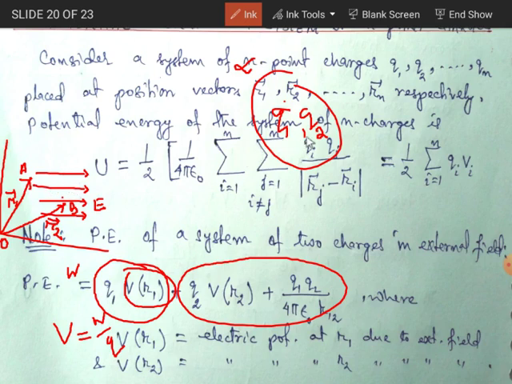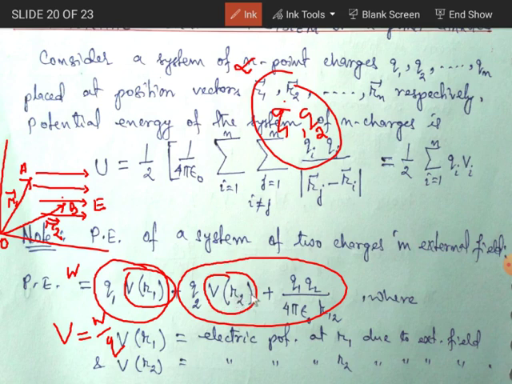Similarly, when you try to bring Q2 from infinity up to this location B, or position vector R2, there will be an electric potential due to this electric field at the position B, or position vector R2. That part is denoted by this. What is this? V(R2). This doesn't mean V times R2, okay? It is V at the position R2. Electric potential at the point having position vector R2.